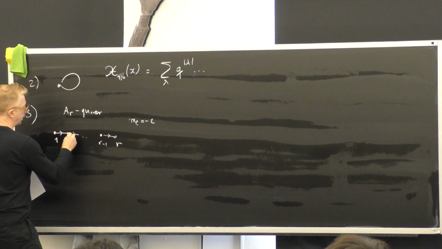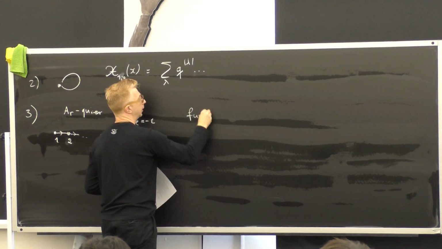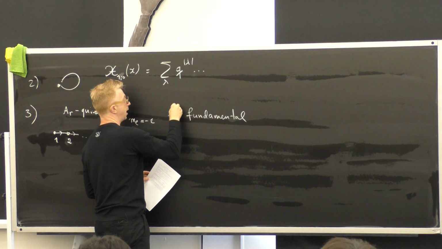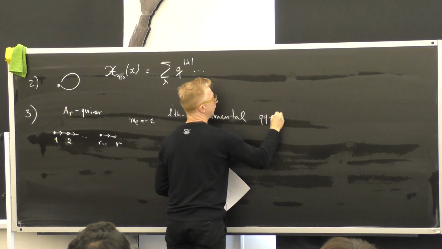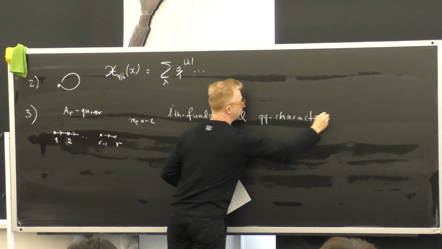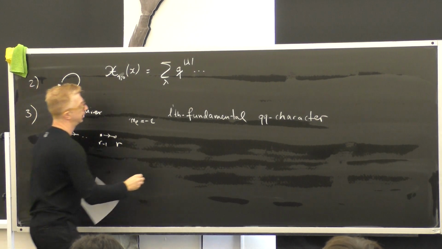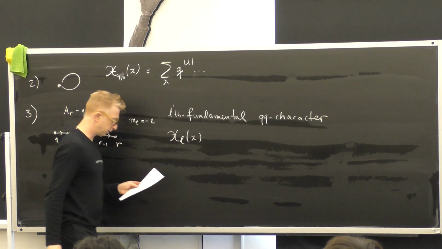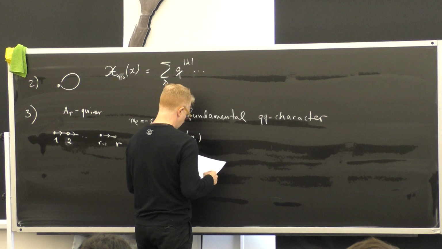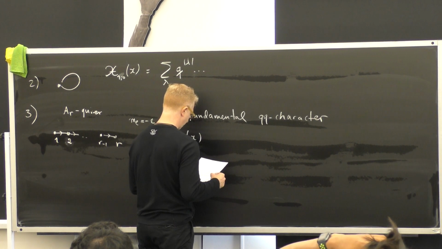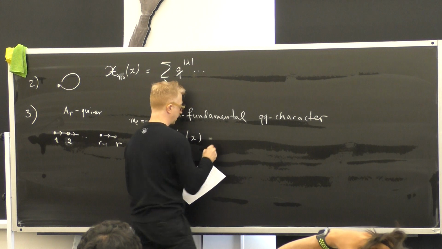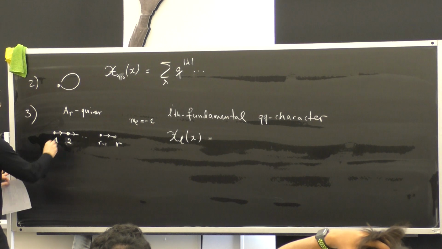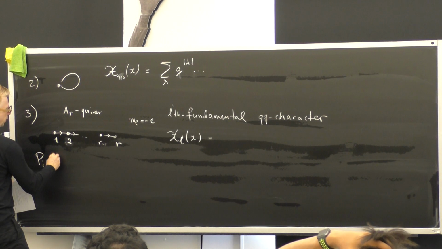So now the L-th fundamental QQ character, so it's labeled by a choice of a vertex. Here is the formula. So I will set all matter polynomials to be equal to 1 for simplicity.